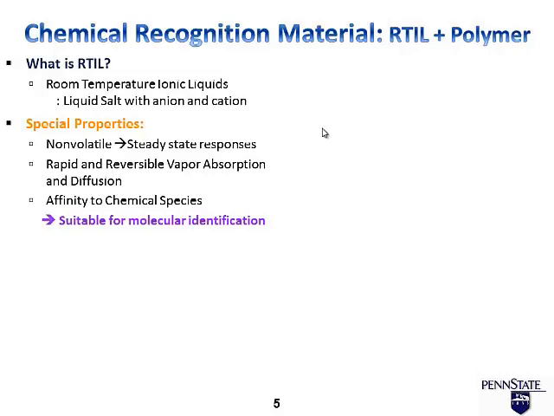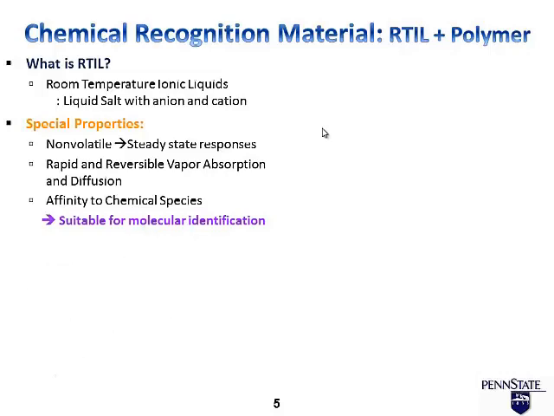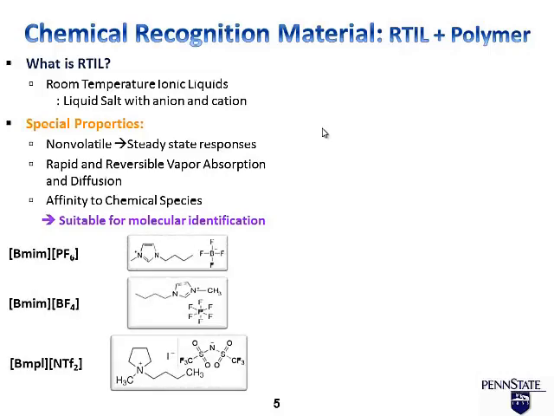It has very special properties, especially for gas sensing applications, even in harsh environments, such as very high thermal stability, zero volatility, and rapid and reversible vapor absorption and diffusion processes. But most importantly, it has strong affinity to chemical species, depending highly on the types of anions and cations present in the ionic liquid recognition layer. And these are the schematics of the ionic liquids used in our study.